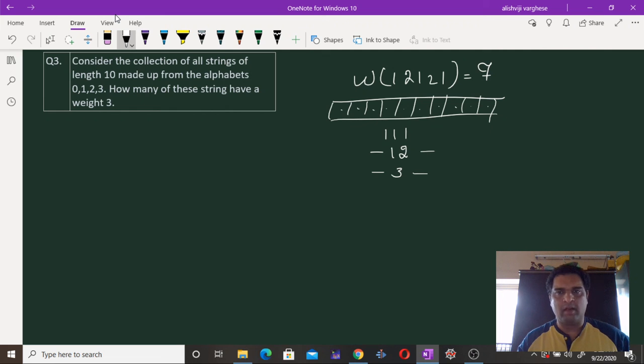We get a string of weight 3 only under these three situations.